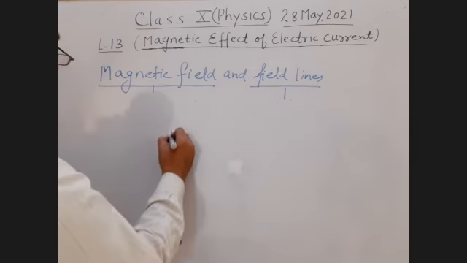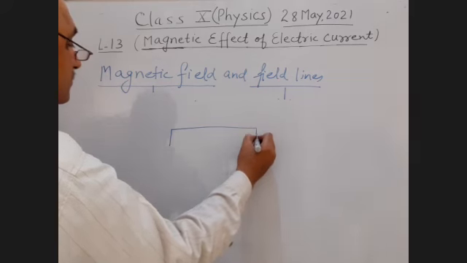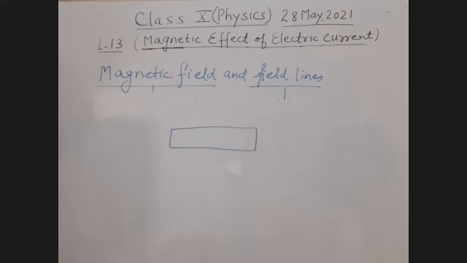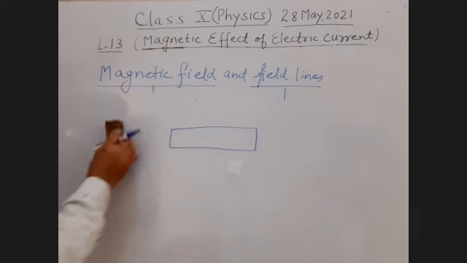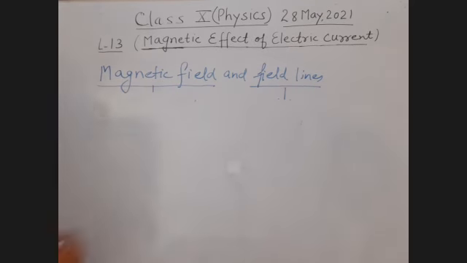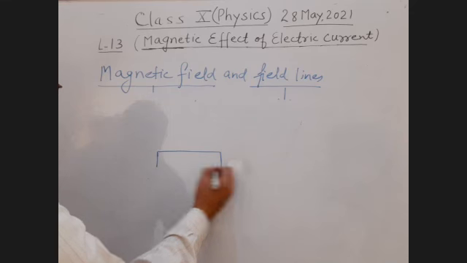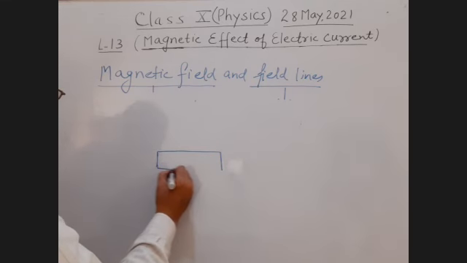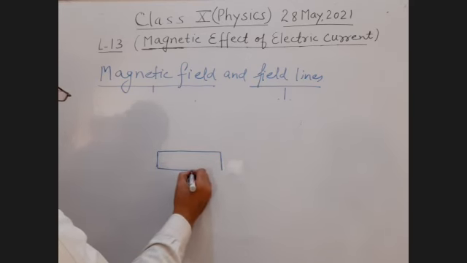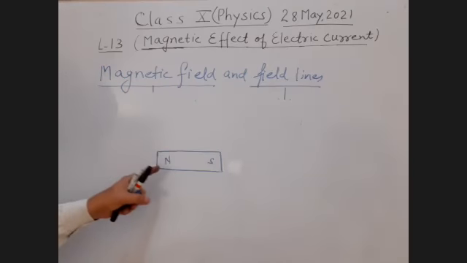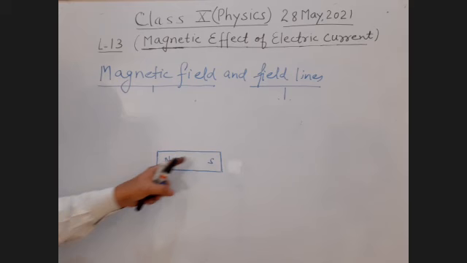Now this is a bar magnet. क्लियर है? थोड़ा और इसको क्लियर करके करते हैं. North and south bar magnet. I have shown here north pole and south.